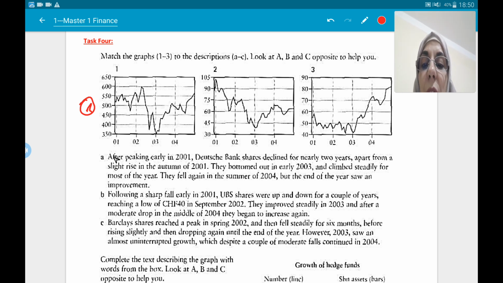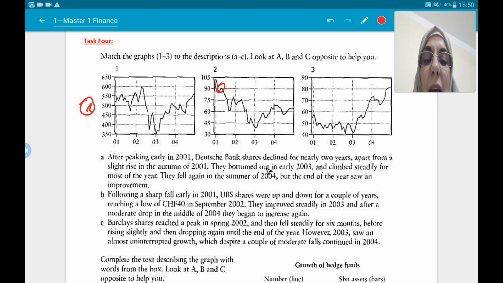After peaking early in 2001, Dutch bank shares declined, there is a decline, for nearly 2 years, apart from a slight rise in the autumn of 2001. Here is the slight rise in 2001.